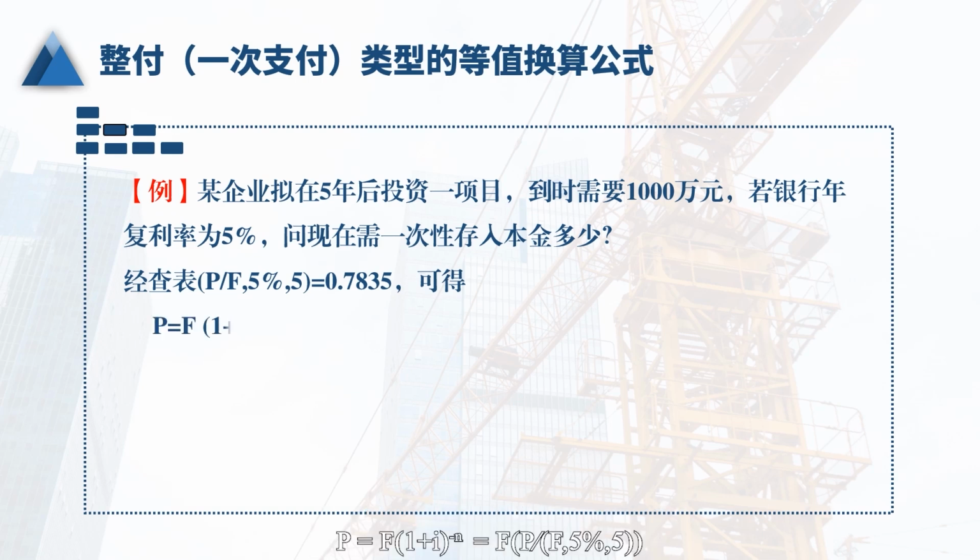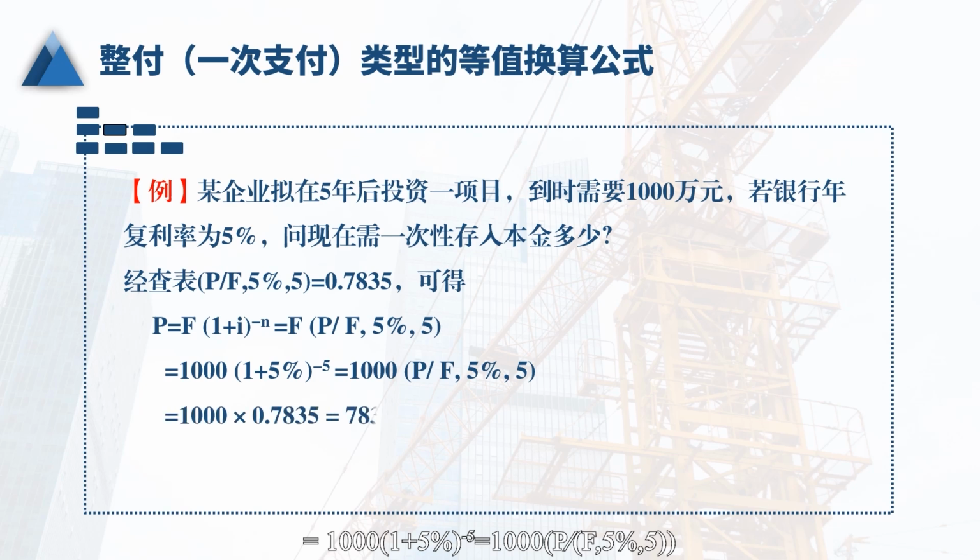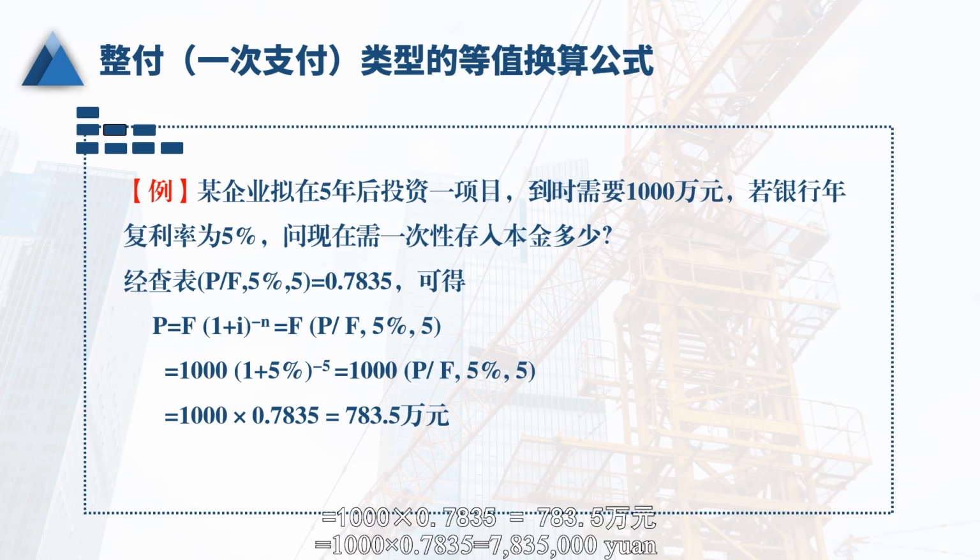Therefore, P equals F multiplied by (1 plus i) raised to the power of minus n equals F multiplied by (P/F, 5%, 5) equals 1000 multiplied by (1 plus 5%) raised to the power of minus 5 equals 1000 multiplied by (P/F, 5%, 5) equals 1000 multiplied by 0.7835 equals 783.5 ten-thousand yuan.